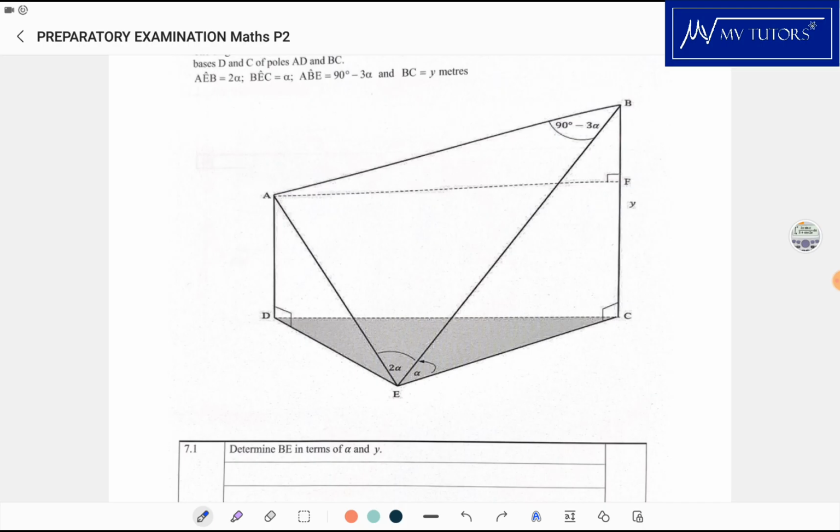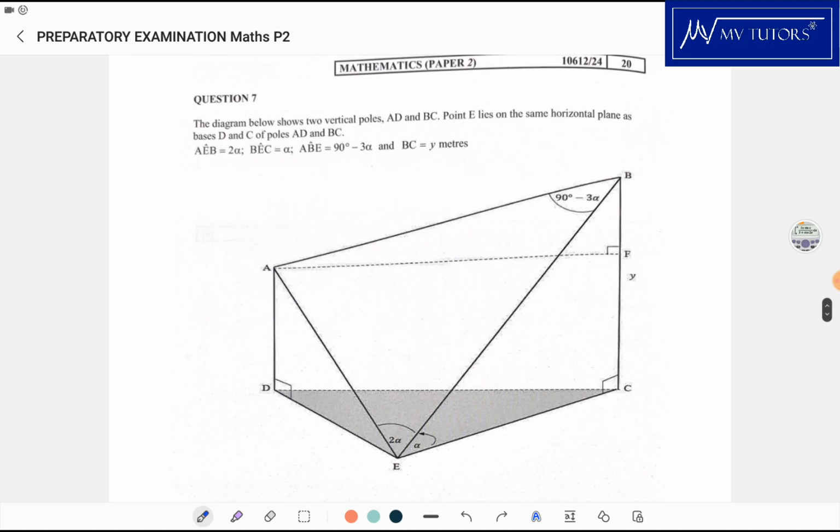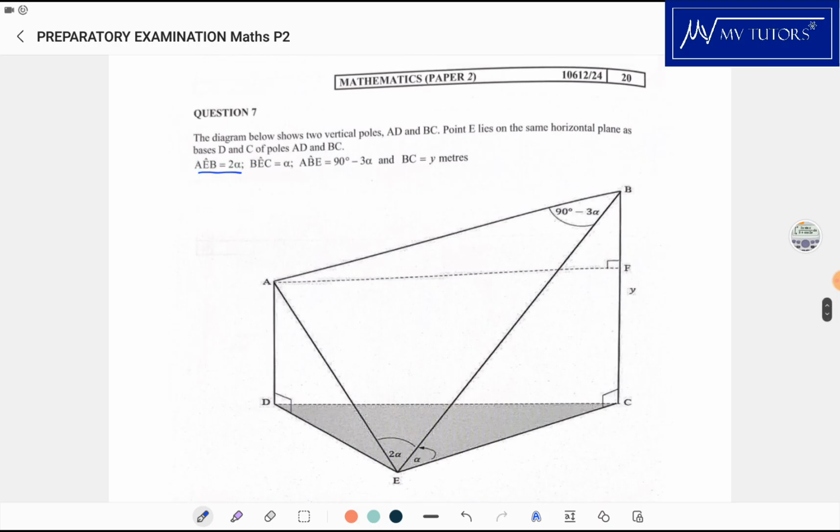What I like doing is drawing out the triangles so that I see exactly what I have. So let's start with AEB. There's a triangle there. We have A, E, B. So that is 2 alpha.